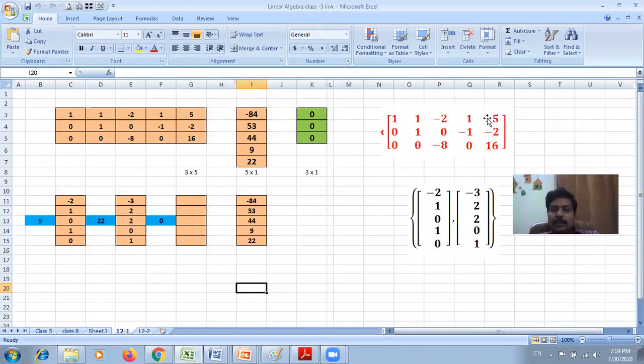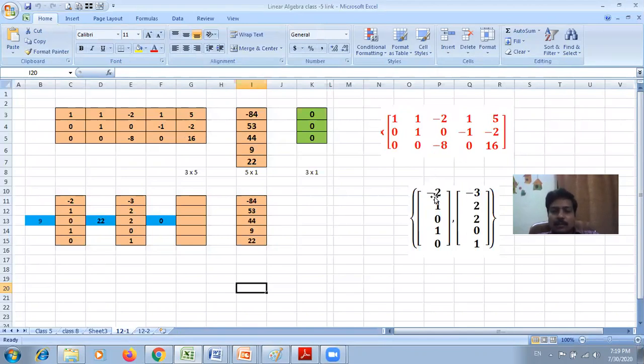So these entries of the given matrix are carried here. You can see this: 1, 1, minus 2, 1, 5, and 0, 1, 0, minus 1, minus 2, and 0, 0, minus 8, 0, 6, 2.